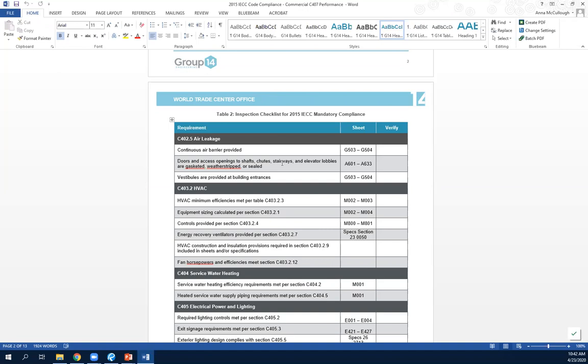So there's a whole community of energy modelers that share information and share different codes, different coding for different building components, so that it's not proprietary for anybody. There are other softwares that are proprietary and you have to pay to use them.